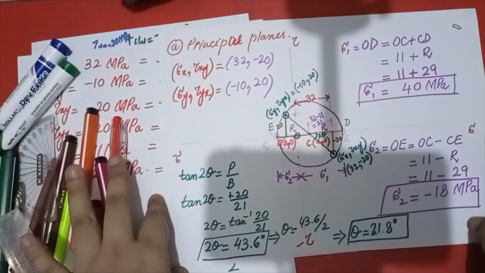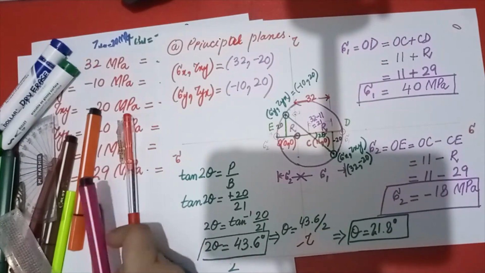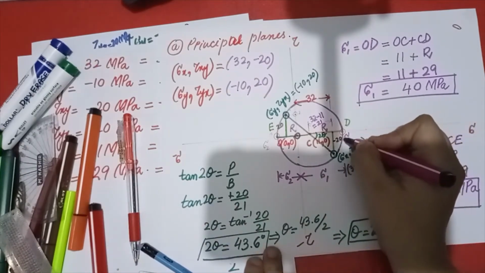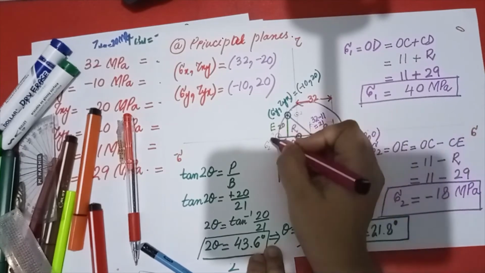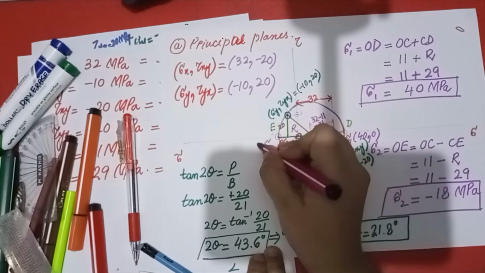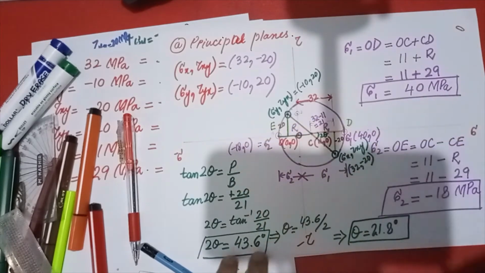Now you can see it is clear, so what can I write down? Sigma 1 is 40, 0 and sigma 2 will be minus 18, 0, and the angle is 21.8 degree.